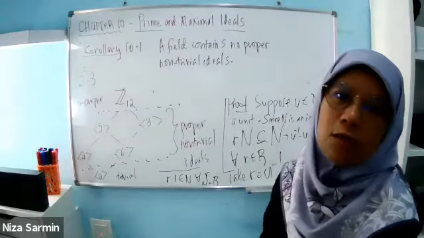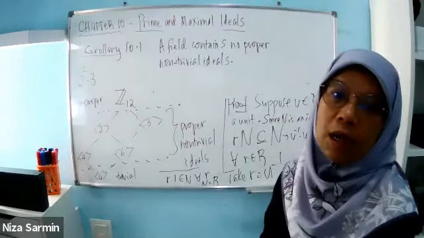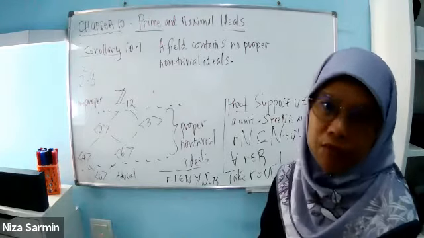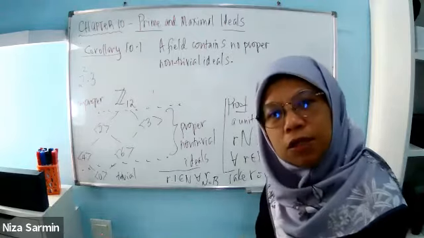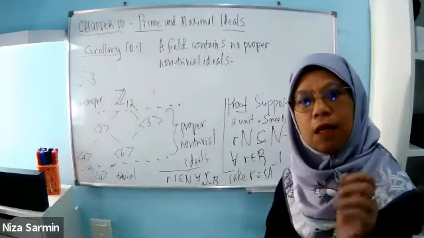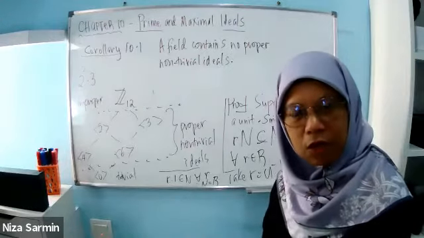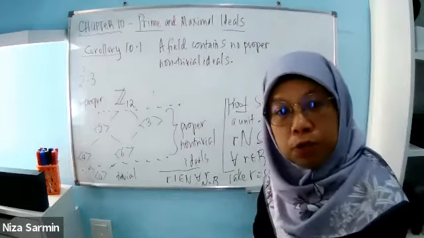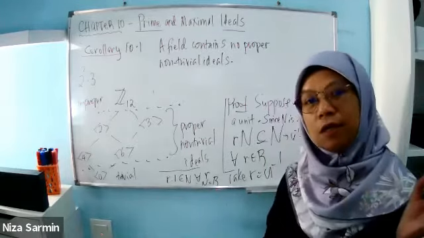Lemma is also a statement with proof, but normally lemma comes before theorem or proposition, and we use it in the proof. Okay, so when you write in your thesis or dissertation, if you want to put lemma, it is your lemma, and then there is a proof, and it comes before theorem. Okay, somebody's lemma can be your proposition, because you probably don't take their theorem, you just take their lemma.